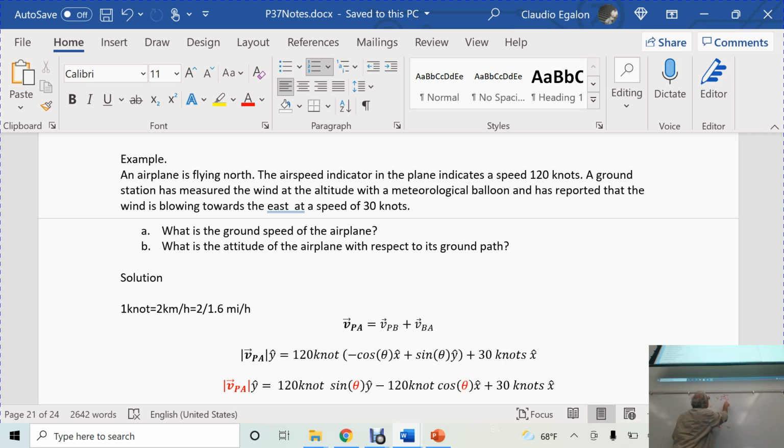Let me see here. No, this is VP of B, and this is VP of A. All you have to do is look at this triangle and get the angle and the magnitude of the velocity there, okay? So that's another way of solving this problem.